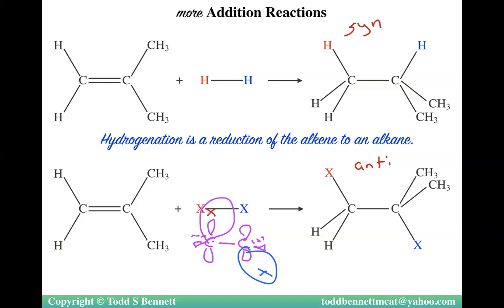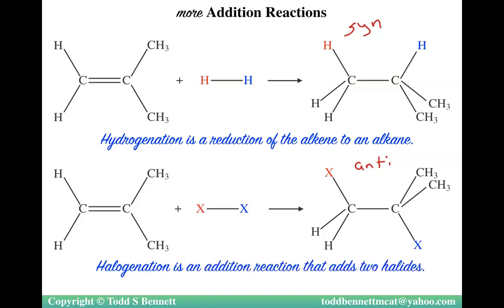Okay, erasing everything again. Actually, I'm just going to erase that part so the words can come in. So halogenation, you're adding halogens, is an addition reaction that adds two halides. Okay, this is an oxidative reaction because X is more electronegative than carbon. Hydrogenation is reductive.